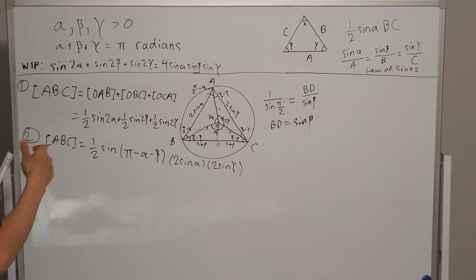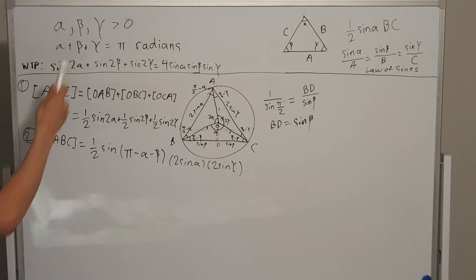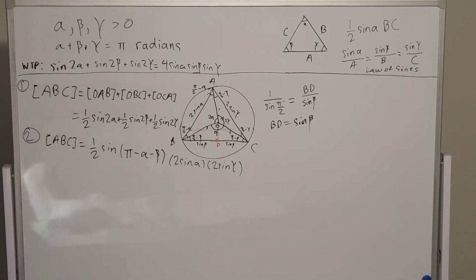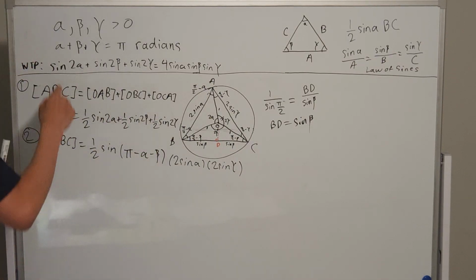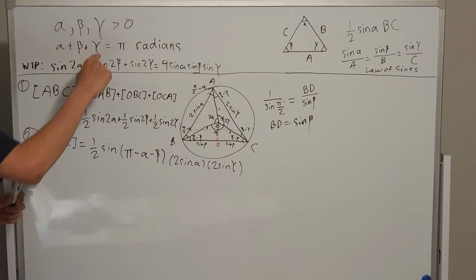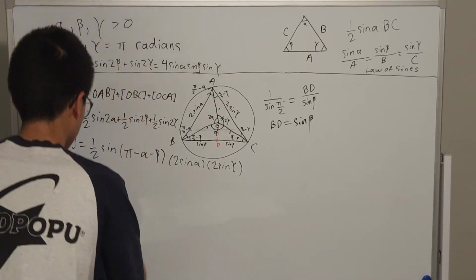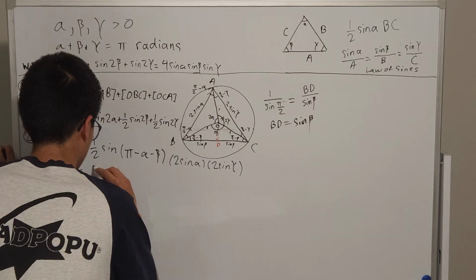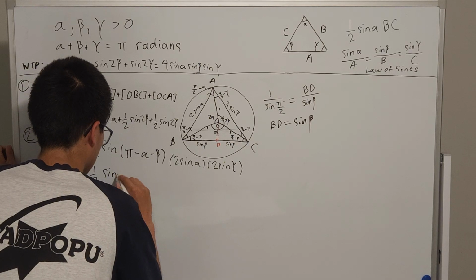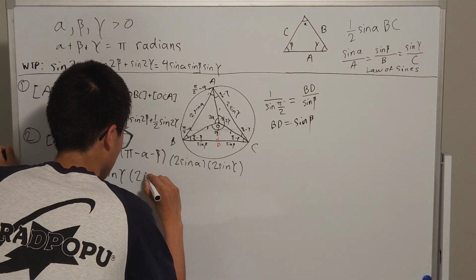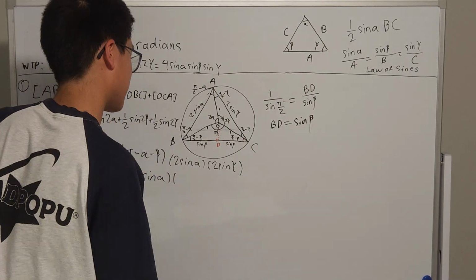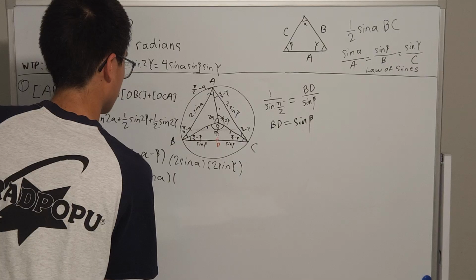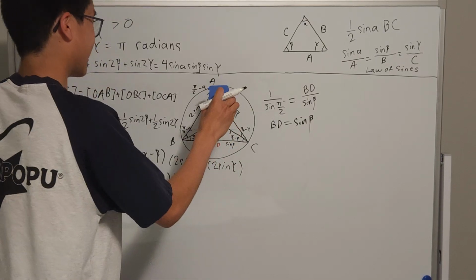Okay, now recall this given condition. So pi minus alpha minus beta. If we move alpha and beta over, you get gamma. So therefore, this equals half times sine gamma times 2 sine alpha. Wait, hold on.